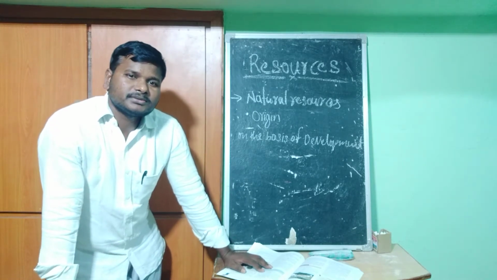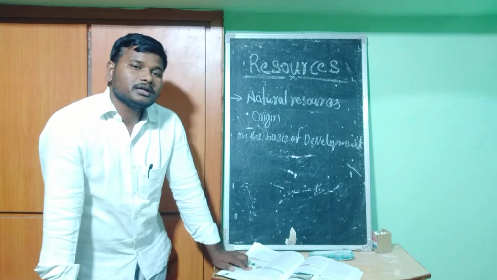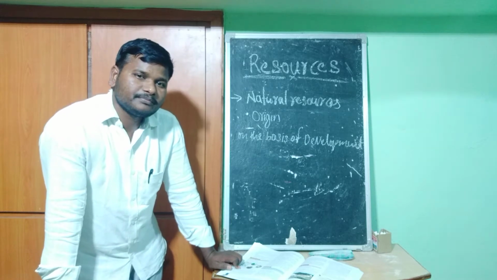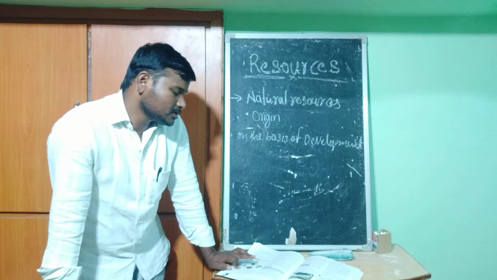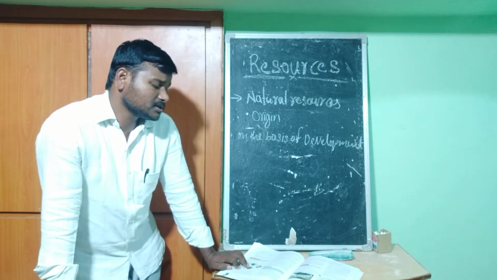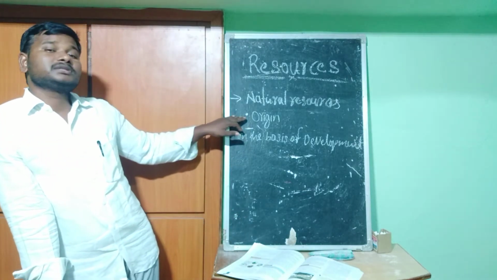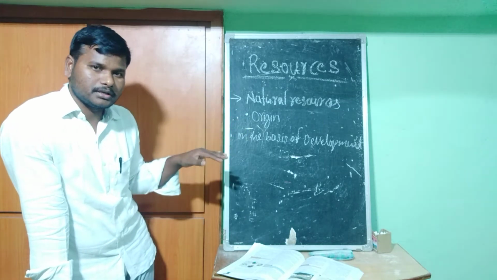Natural resources are again classified on the basis of origin, on the basis of development, on the basis of renewability, on the basis of distribution, and on the basis of ownership. 5 classifications are there. In the 5 we learn only one, that is on the basis of origin, that is biotic, abiotic resources.